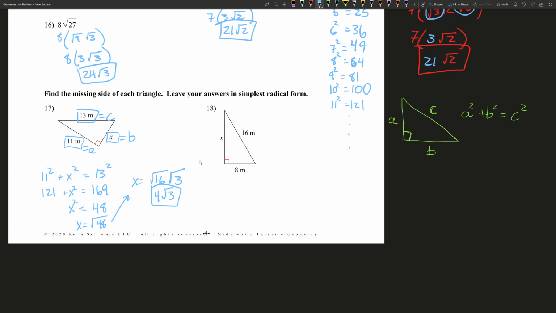Number 18, again, 16 has to be our C. The two sides attached to the right angle, that's our A, and we'll call this B. So then we have 8 squared plus X squared is equal to 16 squared. So 64 plus X squared is equal to 256, I think.